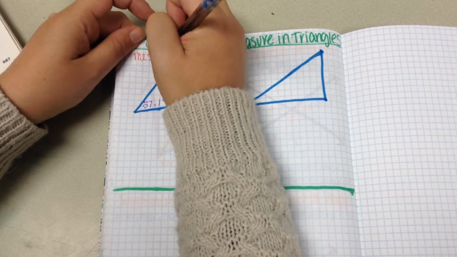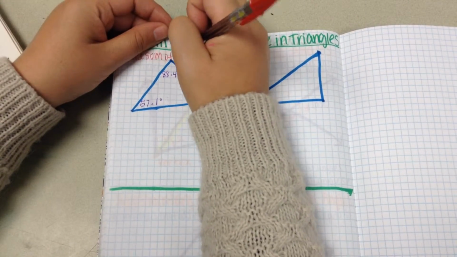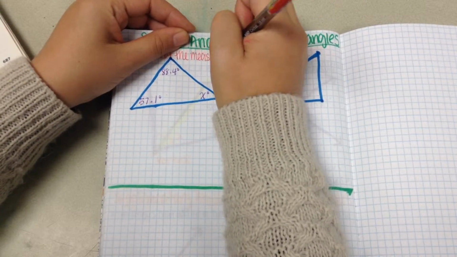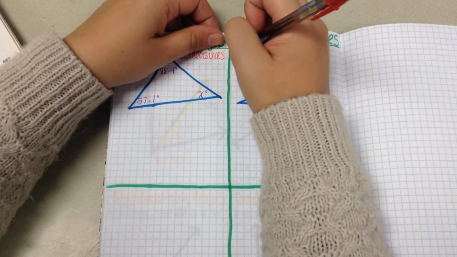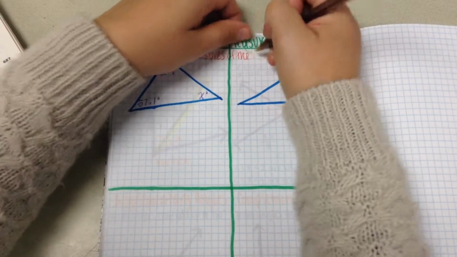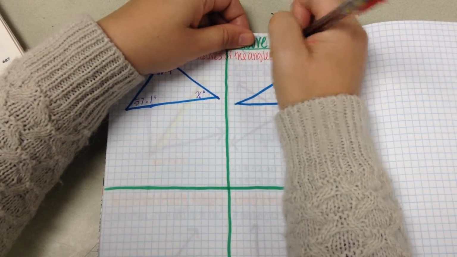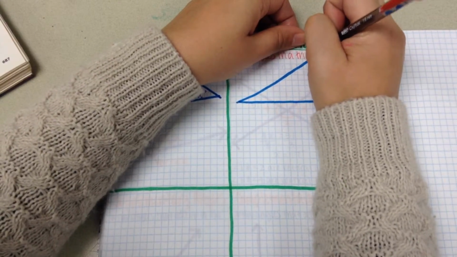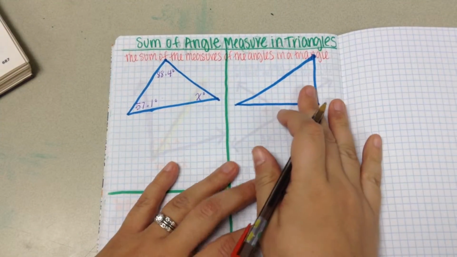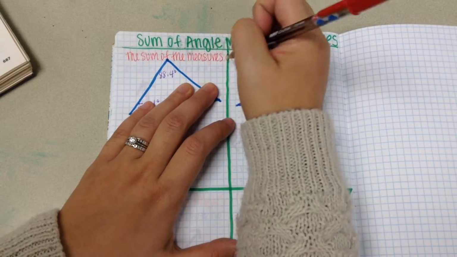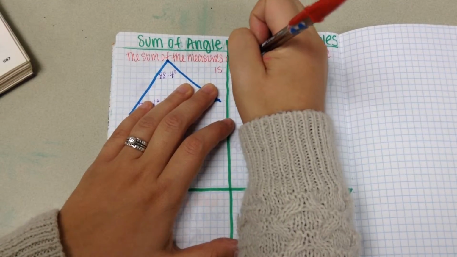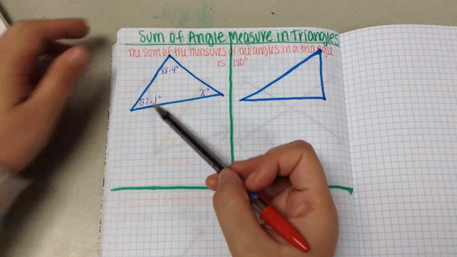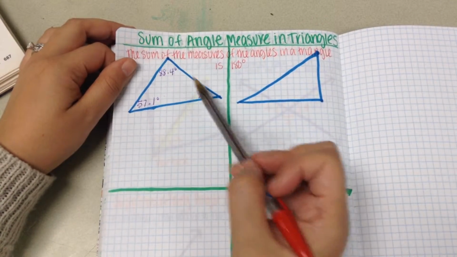The sum of the measures of the angles in a triangle is 180 degrees.